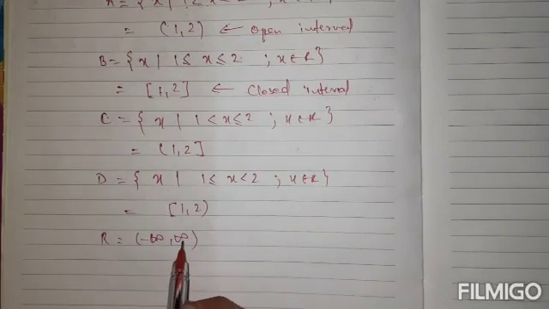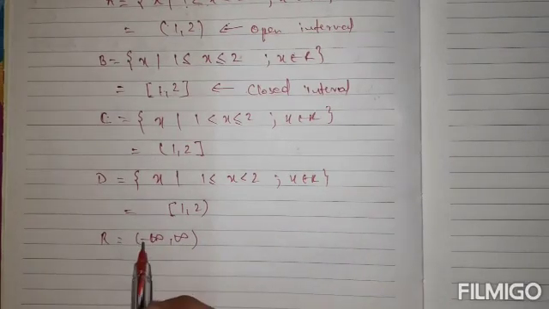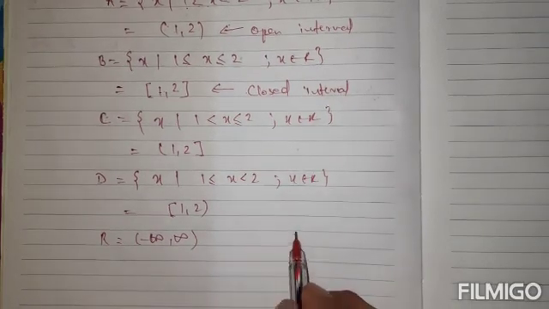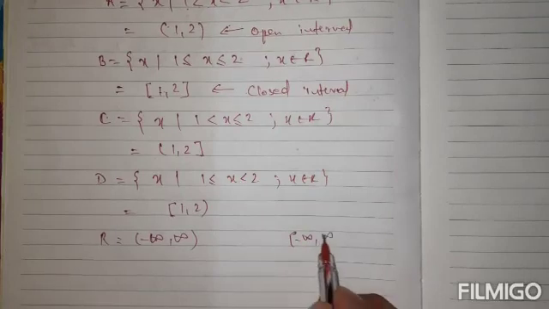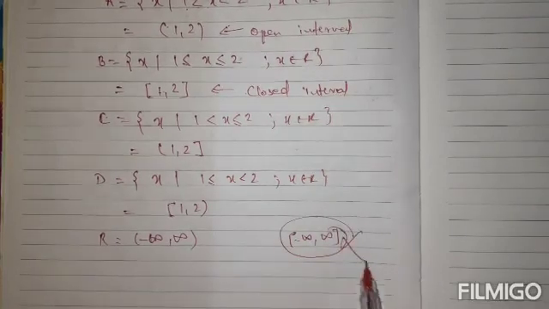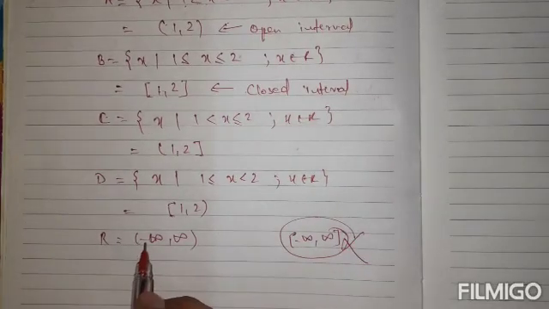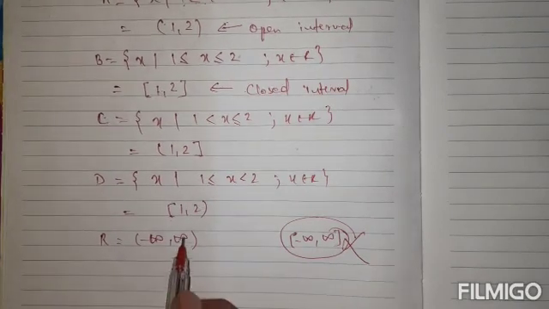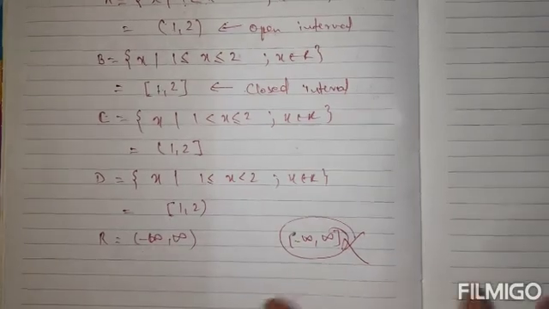So beside them we always place a circular bracket only, never a square one like this. This is a wrong symbol. So wherever we have to use infinity or minus infinity, beside them we will write this small bracket only.